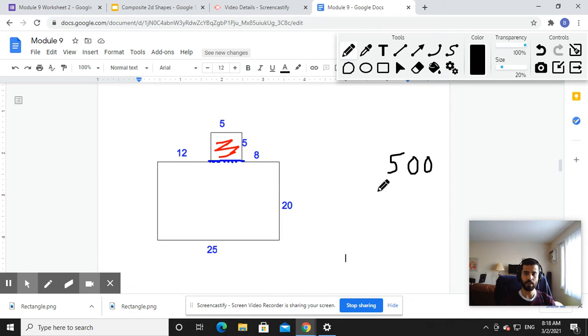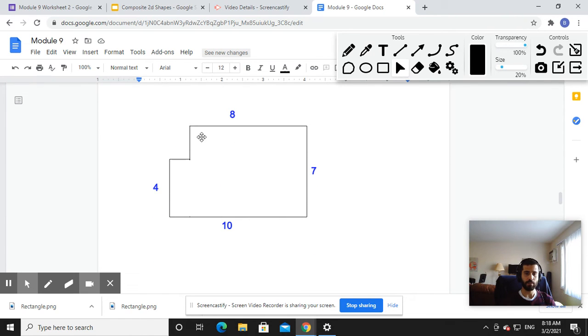So 500 plus 25, right? 525 square units. It's so hard to write neat on the computer.